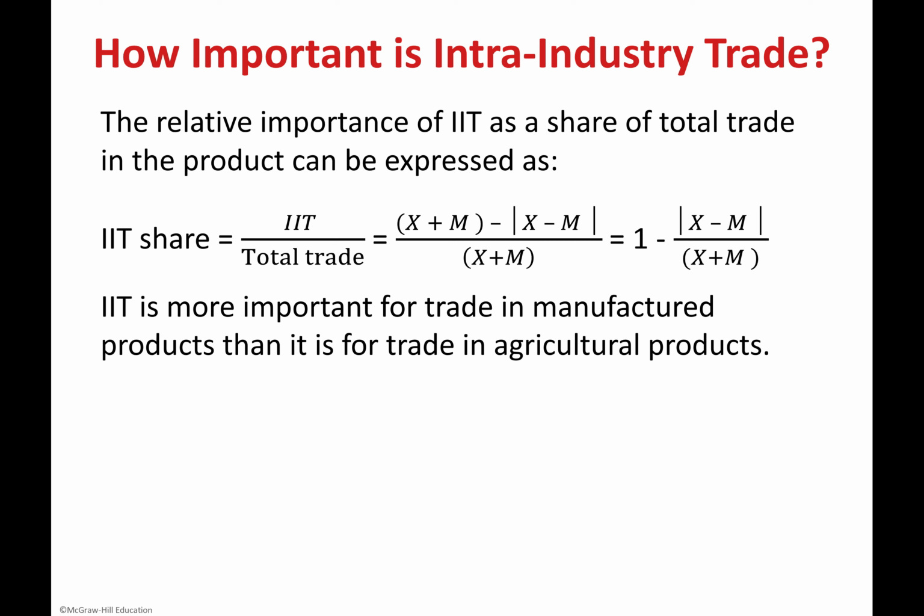So it would be 0, in other words. So if there's no trade going both ways in the same goods, then we will get 0. So that's why this intra-industry trade share is an important statistic.